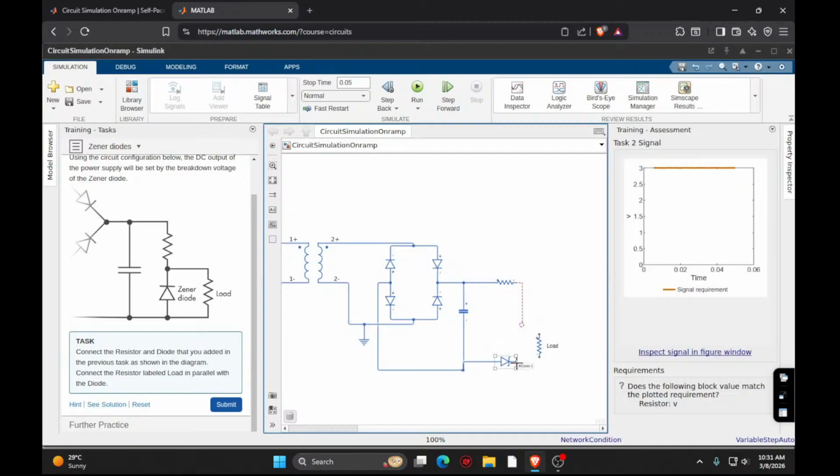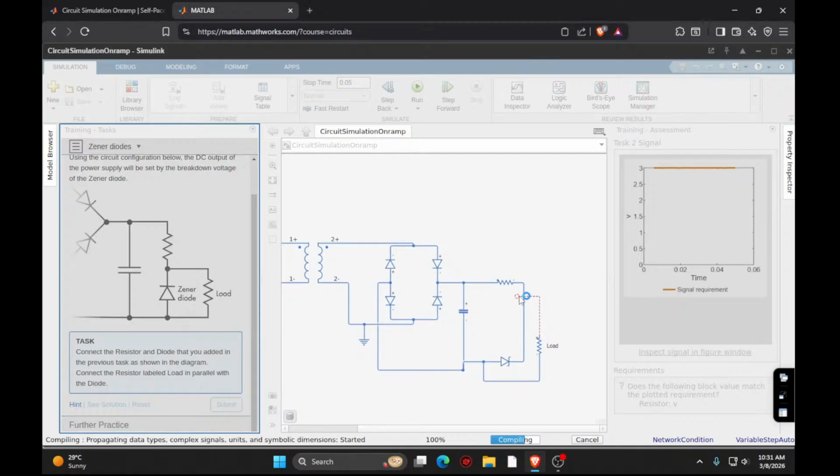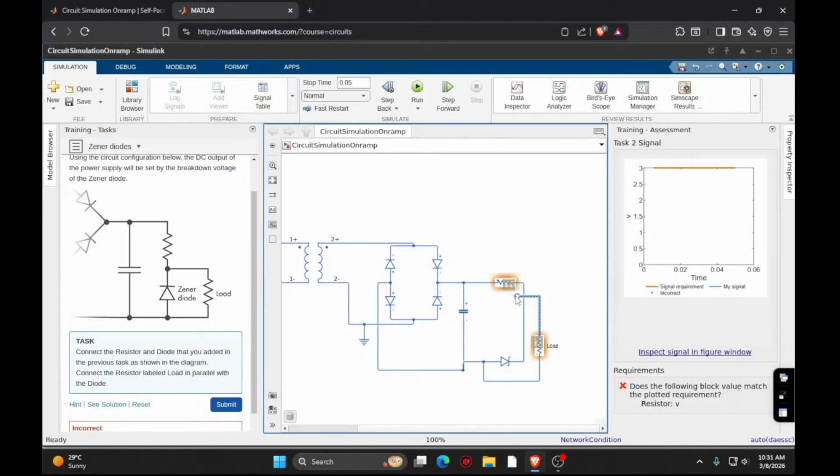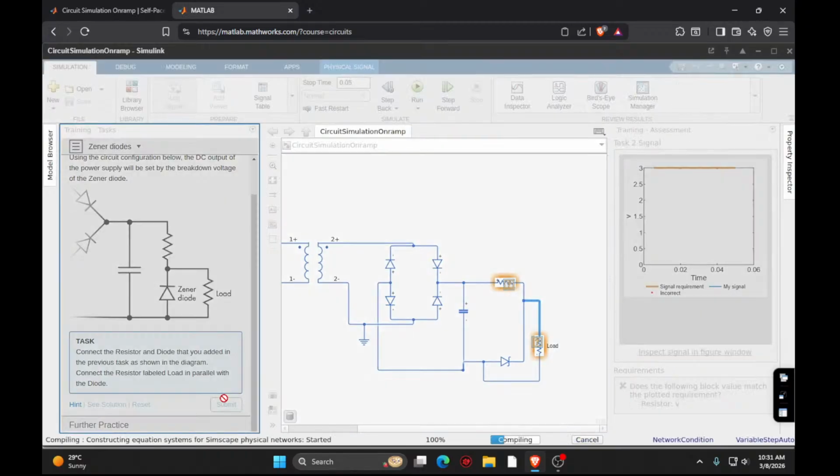Plus, the diode. Sorry, it is not connected.